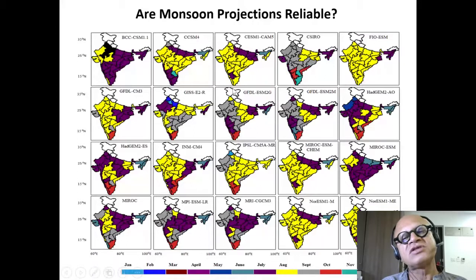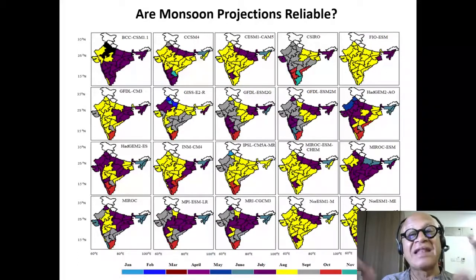Okay, but the models did not capture that trend very well, maybe because they missed the impact of pollution on solar dimming and less warming of the land than expected. But the models warm the land more than the ocean just based on heat capacity, and they increase the monsoon with global warming. And that's pretty much what's happening here.